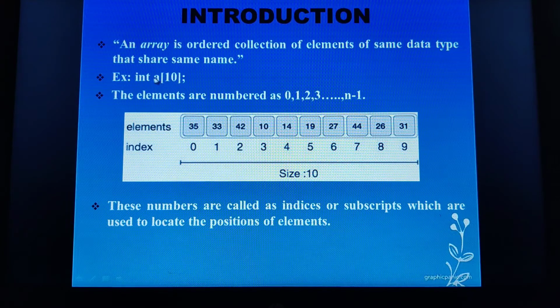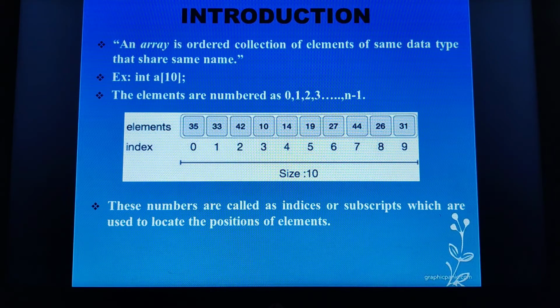An array of type integer, and how many elements can it store here? That is 10. Remember, children, an array always starts from position 0. For you, 10 elements means you start counting from 1, 2, 3, 4 like that.